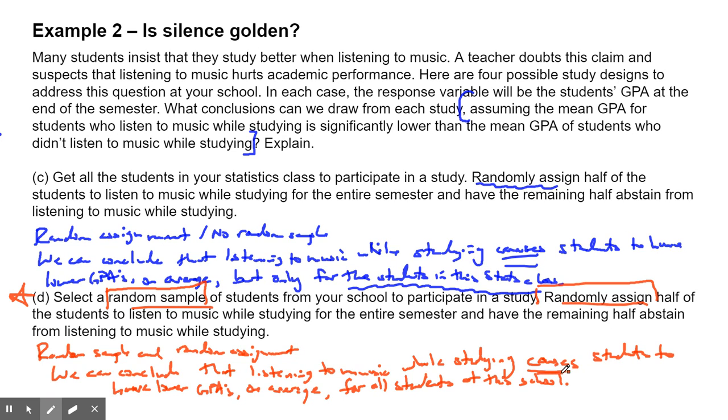So again, cause and effect because of random assignment, and for all students at the school because of random sampling.